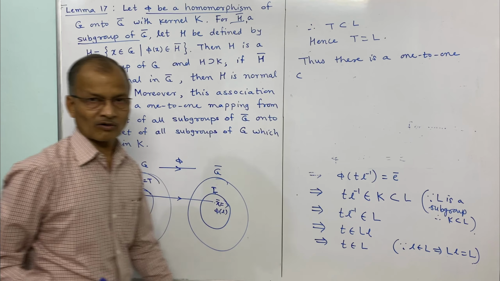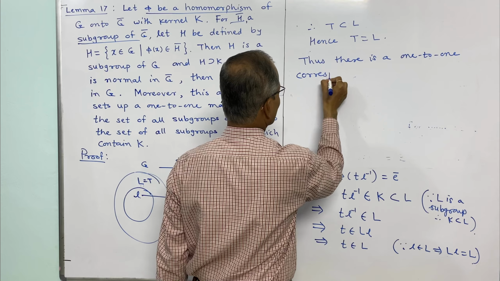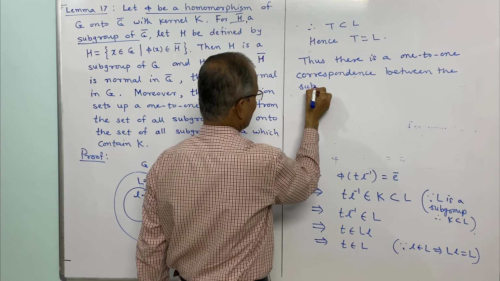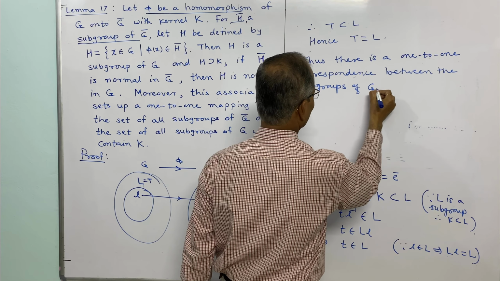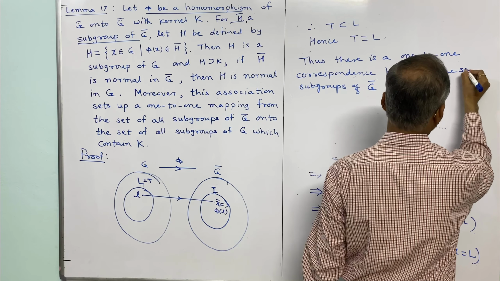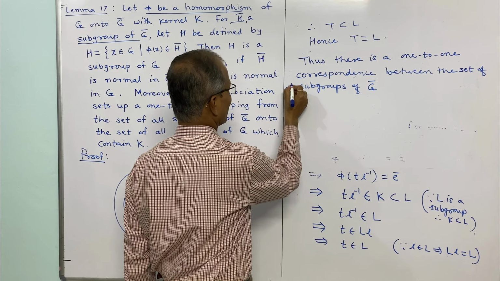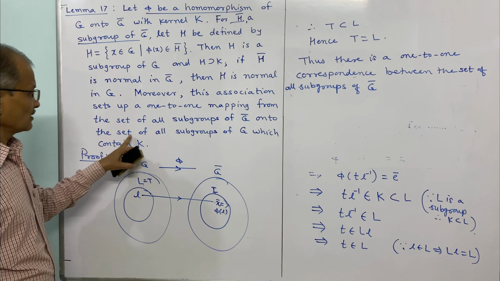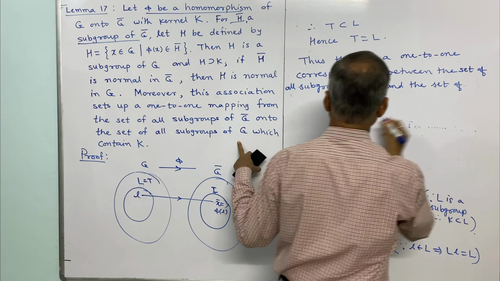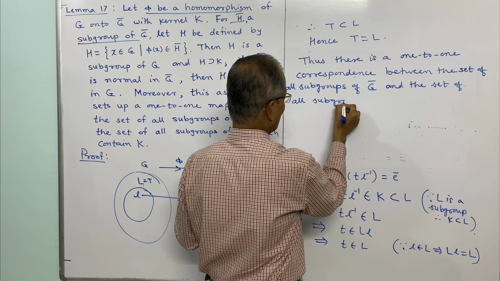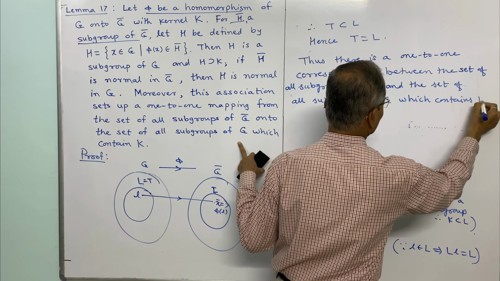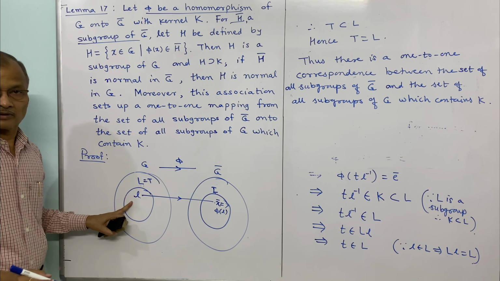One-to-one correspondence means one-one and onto mapping between the set of all subgroups of G bar and the set of all subgroups of G which contain K. K is a subset of this subgroup.